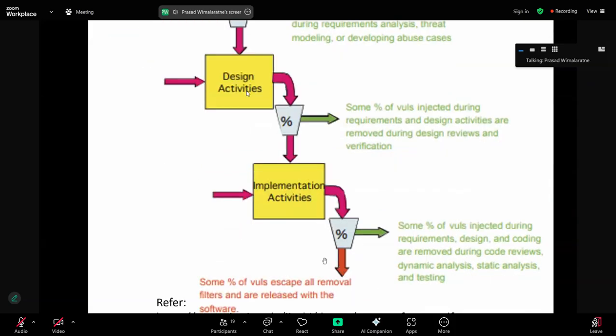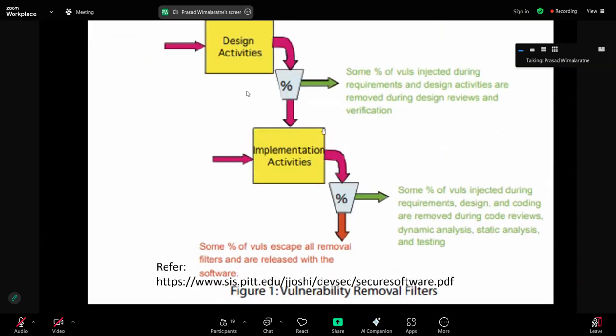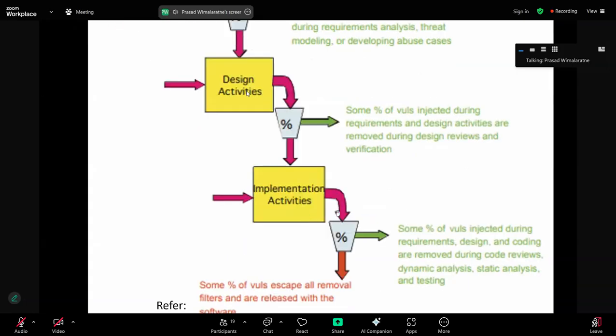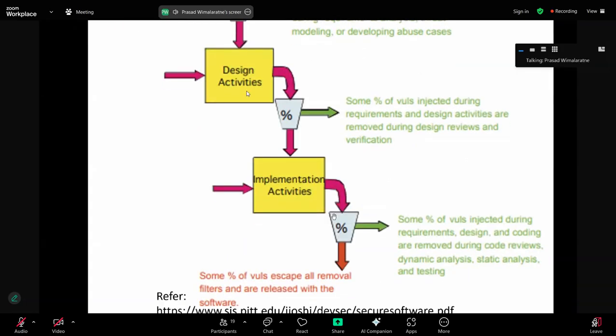So when you have these kinds of filters in terms of security, we can filter possible vulnerabilities that can creep into our system during requirements capture, during design, during implementation, and of course we will do some activities in testing and deployment later.